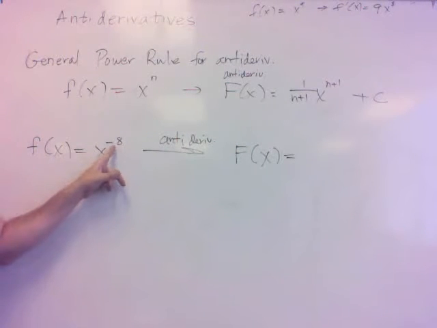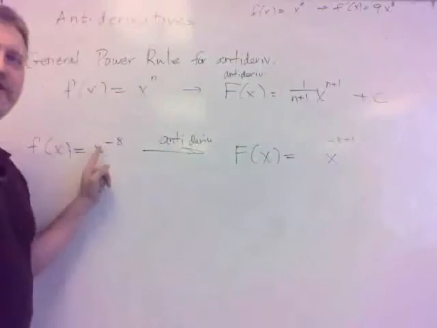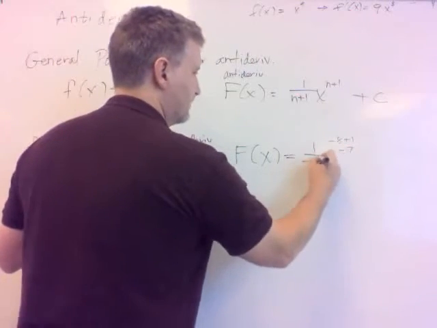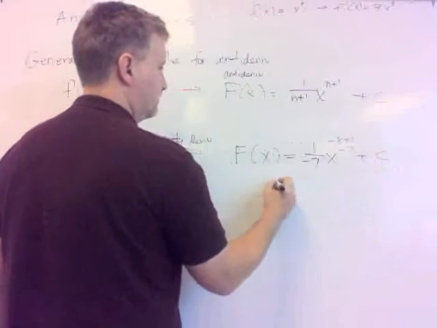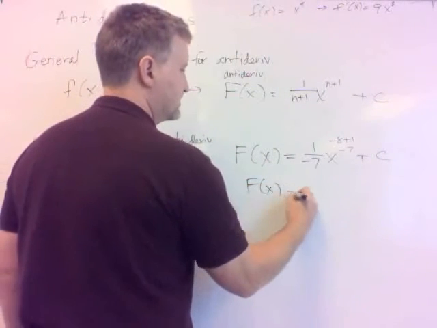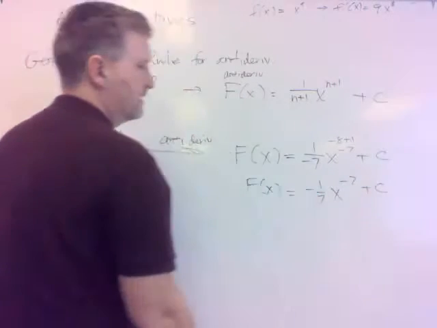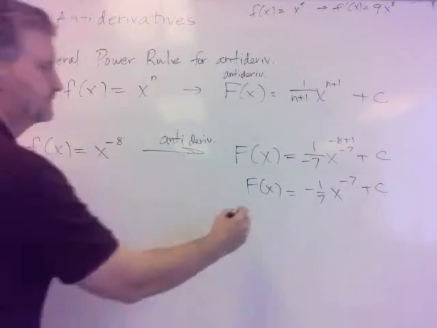Negative 9? No, it's not negative 9, is it? If I add 1 to negative 8, what do I get? Negative 7. So I take 1 divided by negative 7 up front, plus c, and we clean that up. We would say it's negative 1/7 x to the minus 7 plus c. We could flip the x to the negative 7 over. That's it.